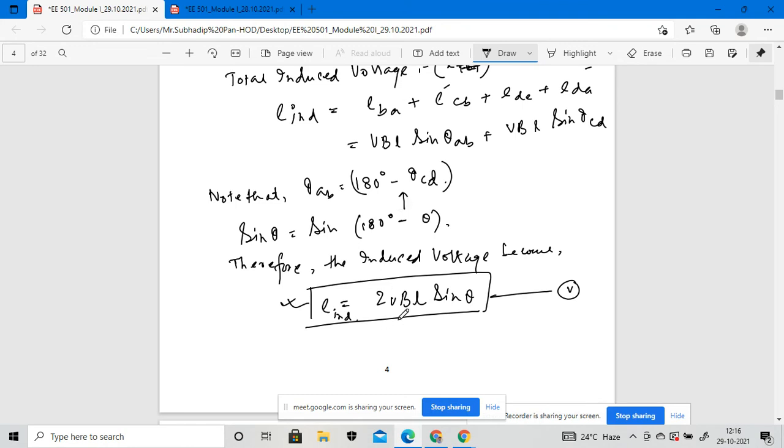But if we are designing real machines, elementary machines.